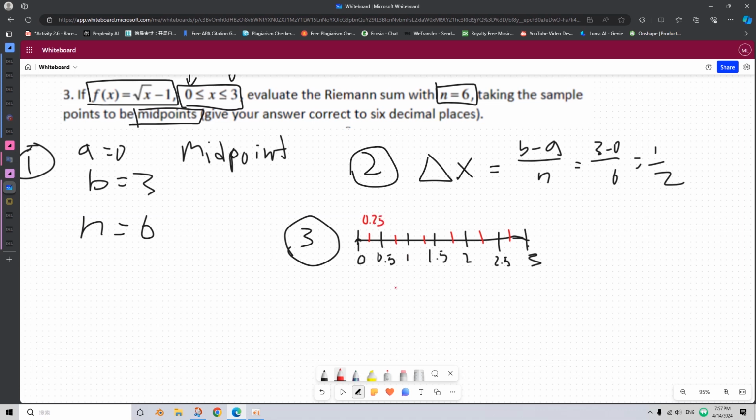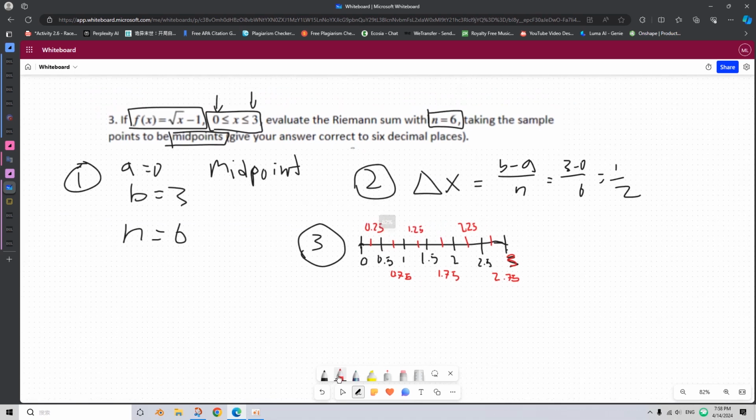Over here is 0.75, over here is 1.25, over here is 1.75, 2.25, this is a 3, so 2.75, and then we just plug everything into the calculator.